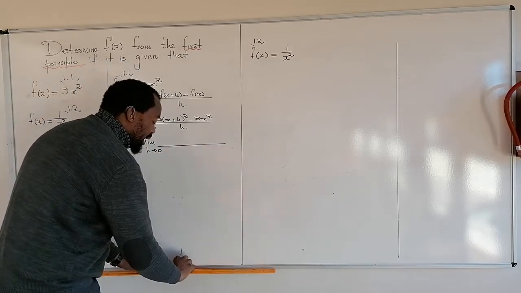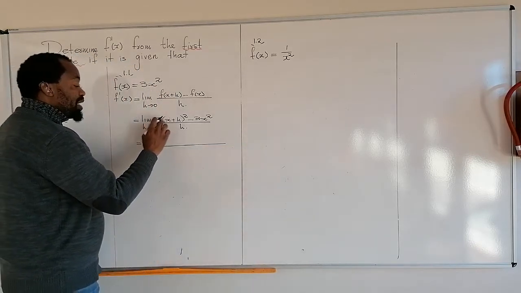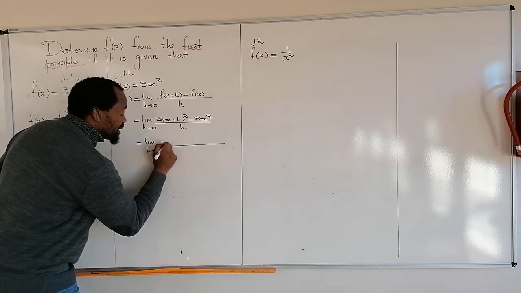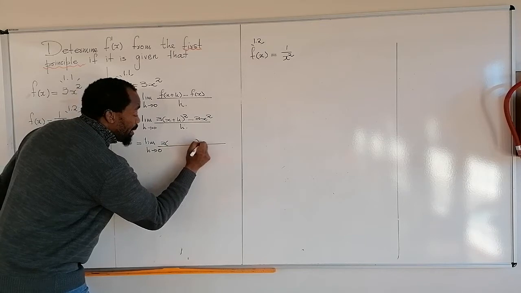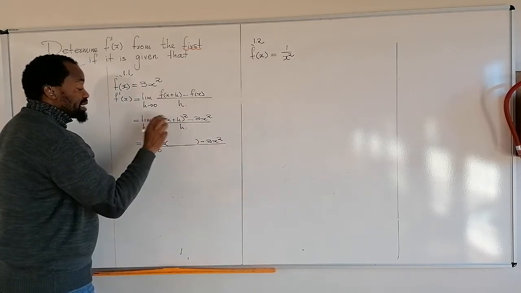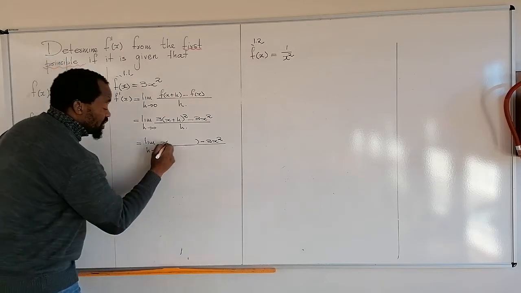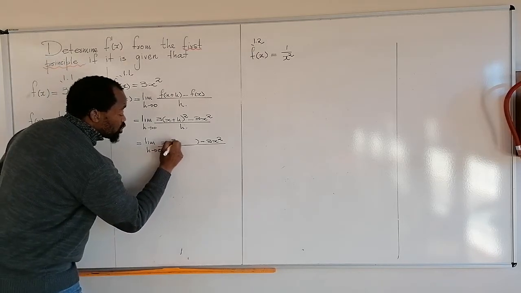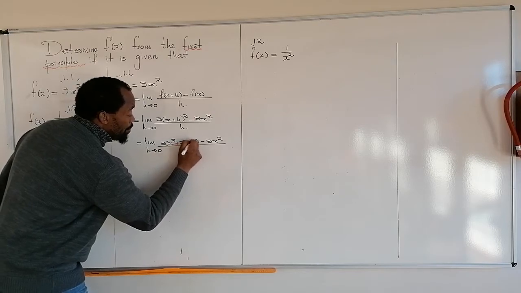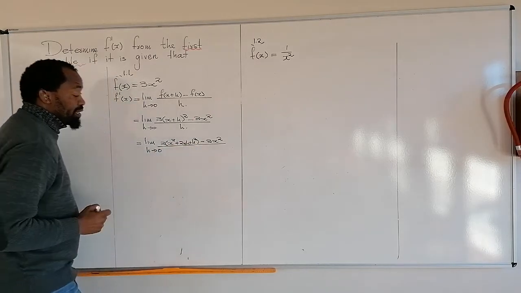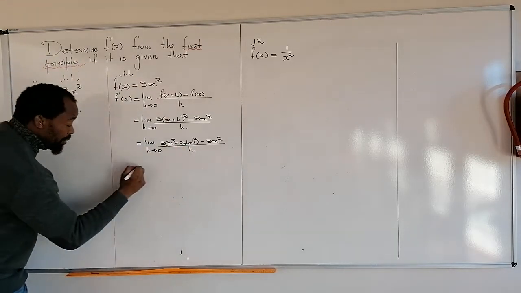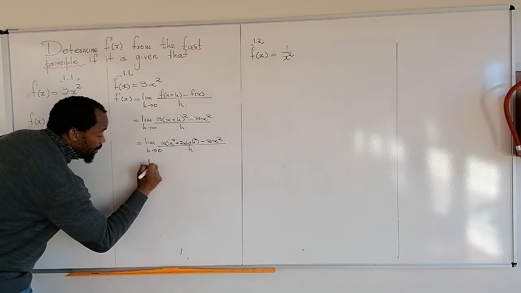Now, next thing, you will simplify this. That is, I'm simplifying the bracket by multiplying x plus h by x plus h. That becomes x squared plus 2xh plus h squared divided by h. Let's move on.